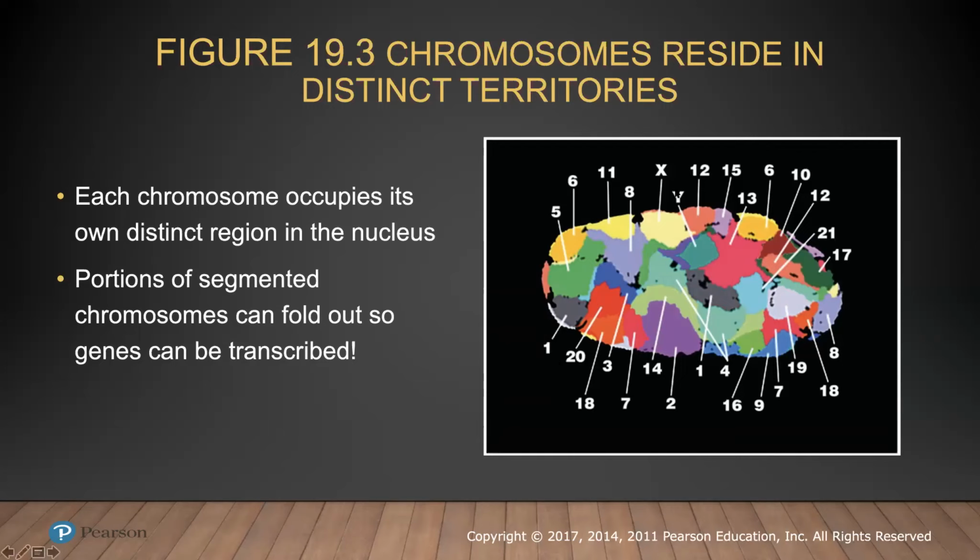Portions of these chromosomes then are able to, as our textbook described, fold out or pop out of this structure so that they become accessible to our RNA polymerase, so that we can generate the messenger RNA transcript.